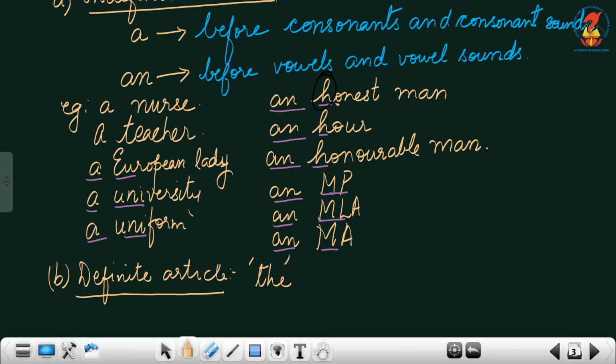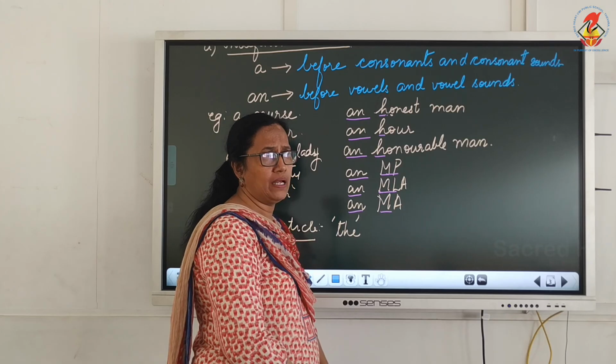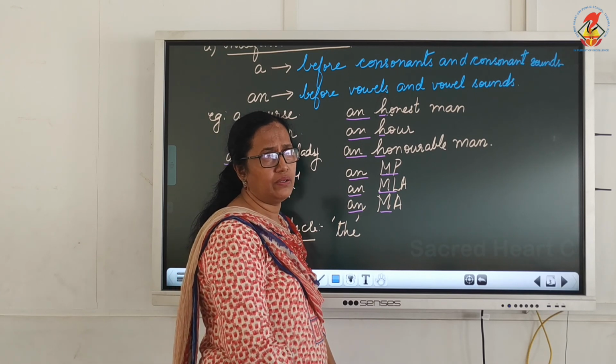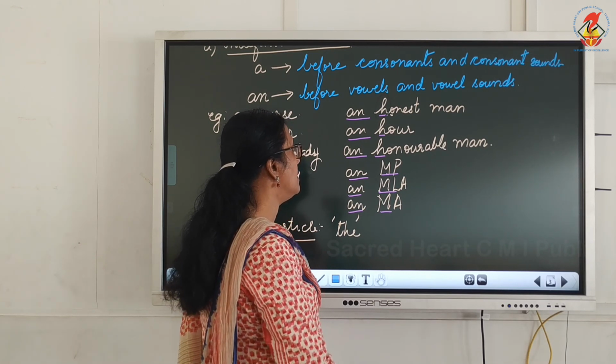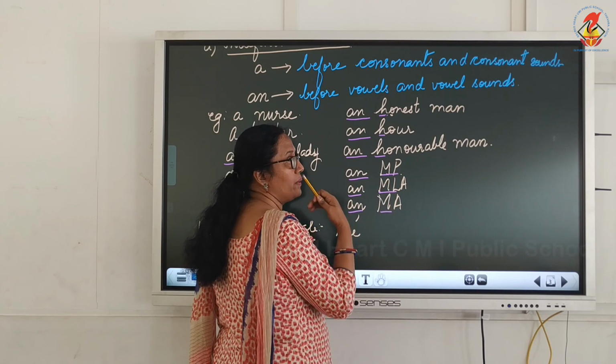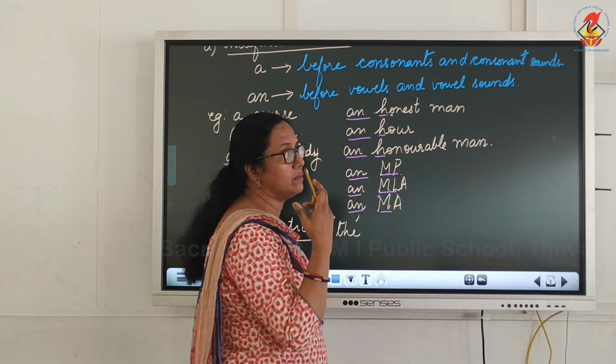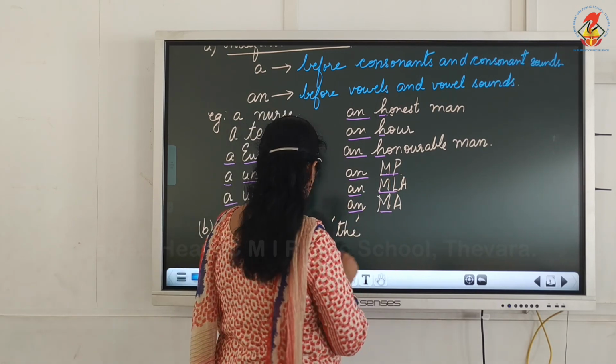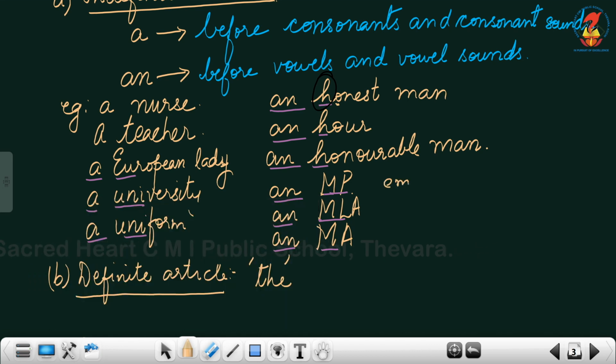Now the next one, MP. You know what an MP is, isn't it? These are short abbreviations. When you read the newspaper, you know what MP is. But when it is sounded, it comes as "em", isn't it?